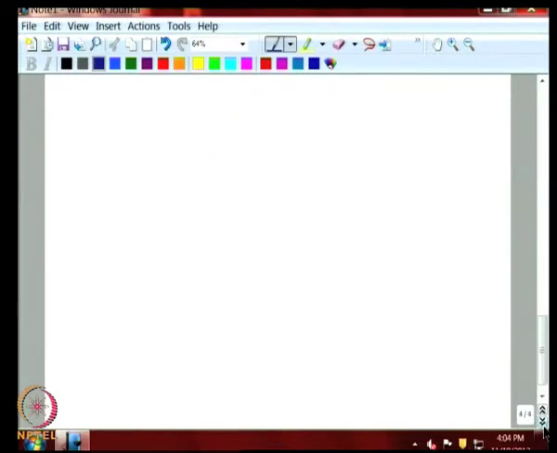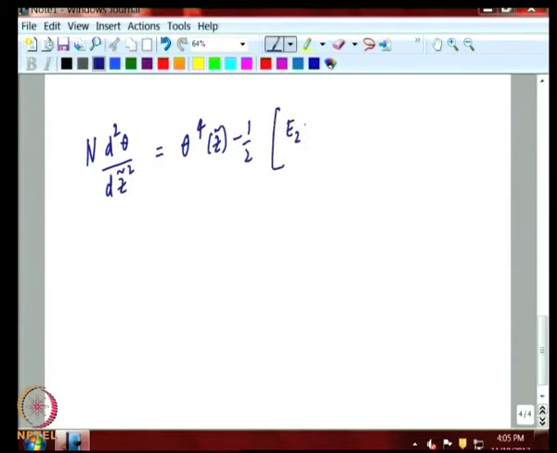Now, let us write down the complete non-dimensional equation. After non-dimensionalization, this whole equation will look like n d squared theta d z tilde squared is equal to 10 to the power of 4 a function of z tilde minus half E2.